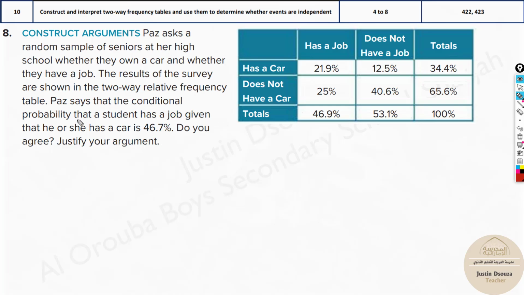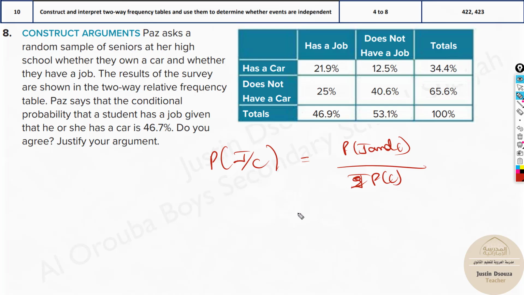So what is the conditional probability that a student has a job given that he or she has a car? Job given car. The probability of job and car needs to be known, and the probability of just car. What is the probability of job and car? Has a job and has a car.